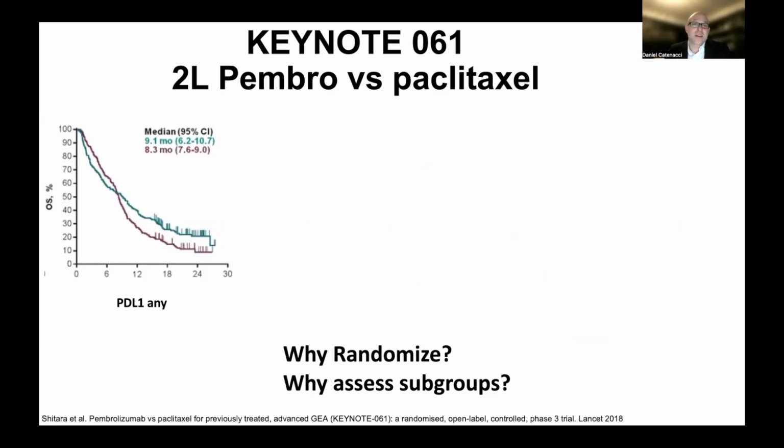And this was a study that was done in the second line setting after failure of first line therapy, comparing pembrolizumab, a new anti-PD-1 antibody immunotherapy checkpoint inhibitor, compared to paclitaxel chemotherapy. At the time, we had already seen evidence that paclitaxel plus ramucirumab was better than paclitaxel alone in the Rainbow study.